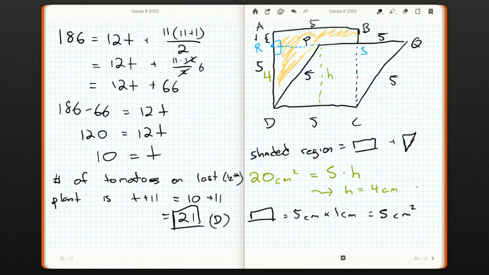So now all that's left to do is to figure out the area of this triangle, but it's got a 5 and a 4. So by the Pythagorean theorem, which I'm not going to write out right now, you should know that one already, we get that this length here, RP, is 3.